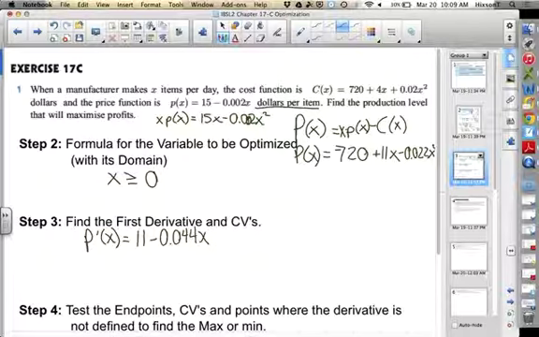Okay? So when we set this equal to 0, we will then get x equal to what? 11 divided by 0.044? 25? Alright, so 25 units.